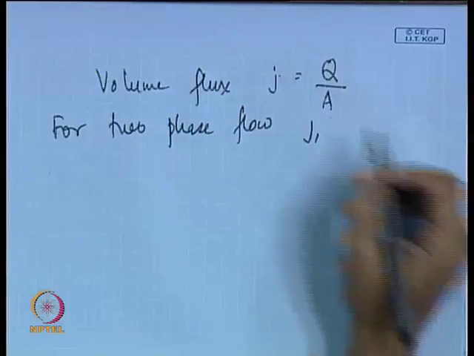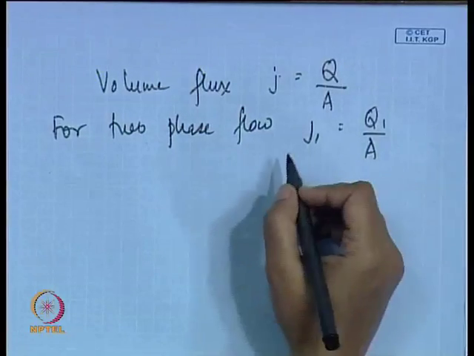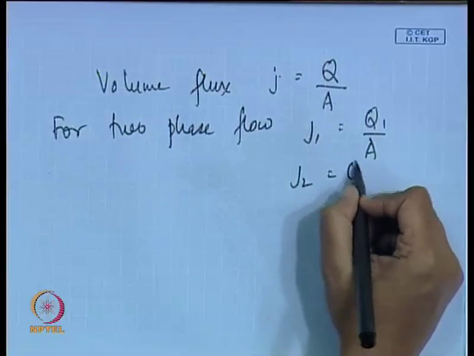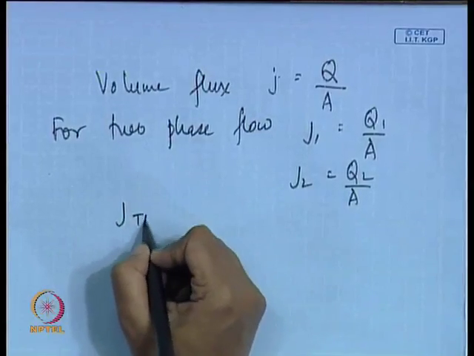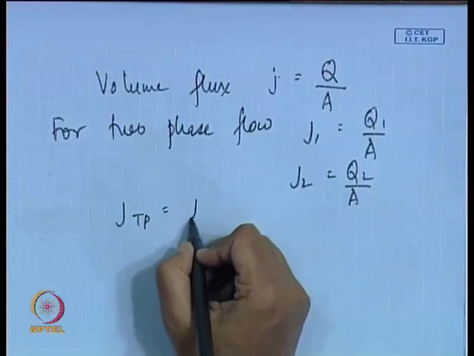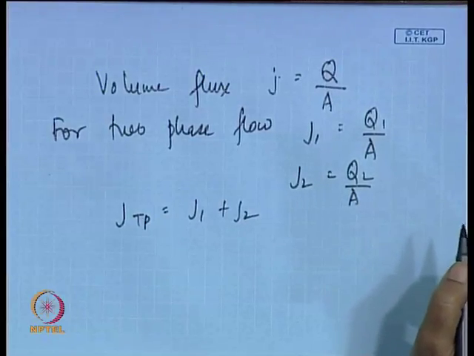We have J1, just like G1, this is equal to Q1 by A. We have J2, and we know the mixture volumetric flux is nothing but J1 plus J2. Agreed?